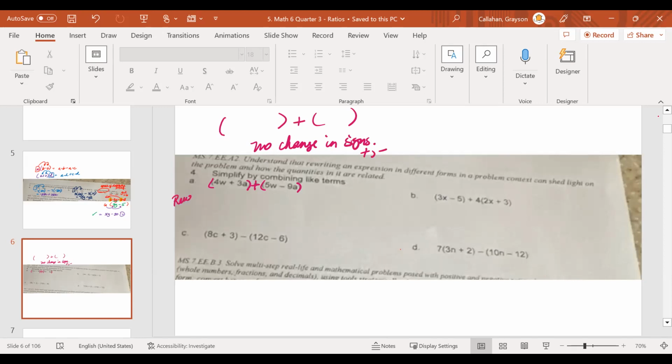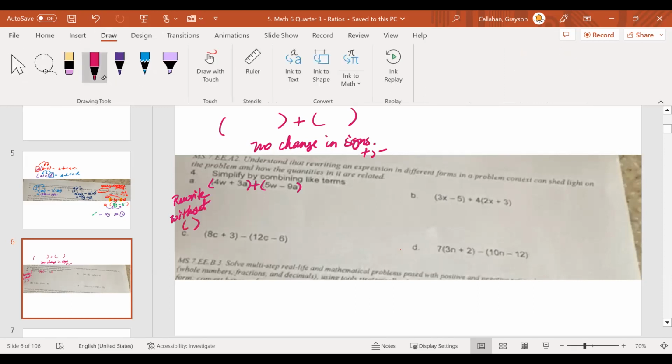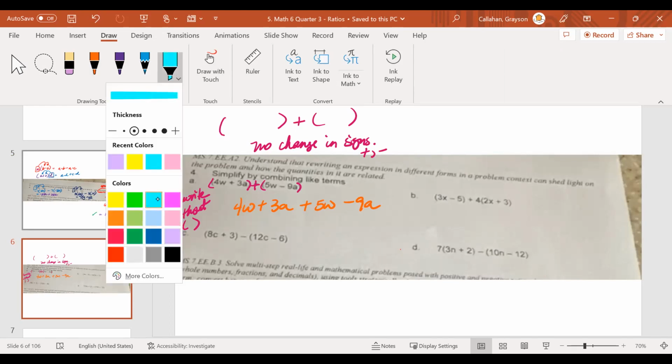So all we're going to do is rewrite it without parentheses. So what that looks like is like this: 4W plus 3A plus 5W minus 9A. Nothing changed, right? Now, you have to group them together.